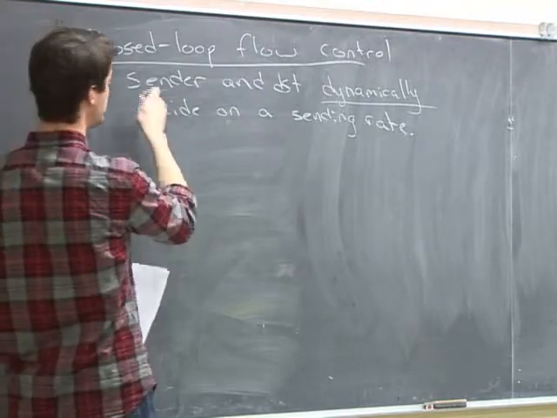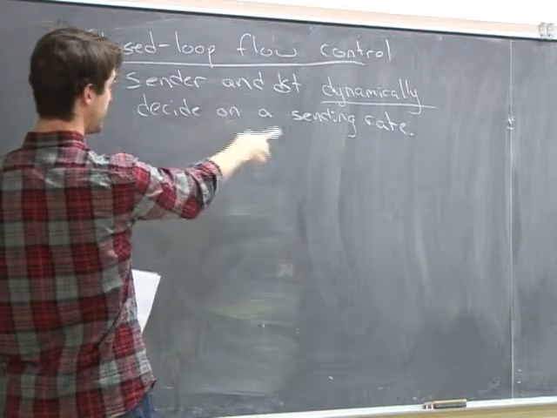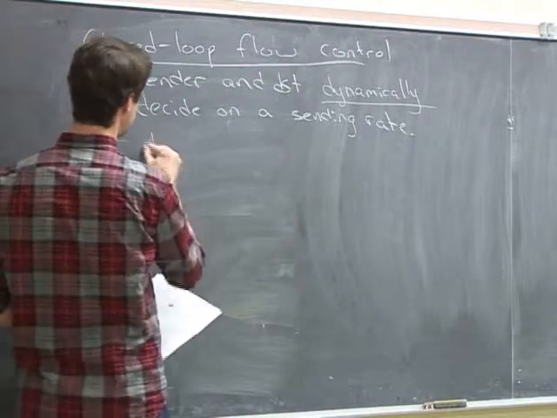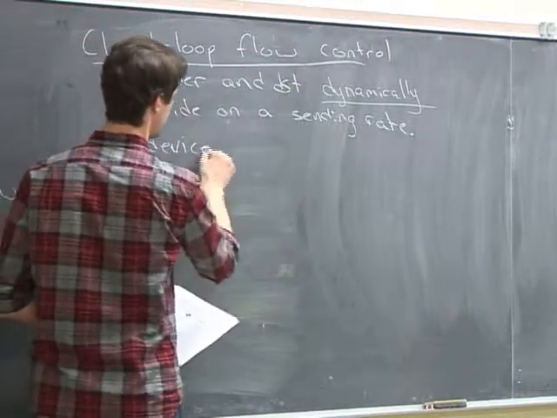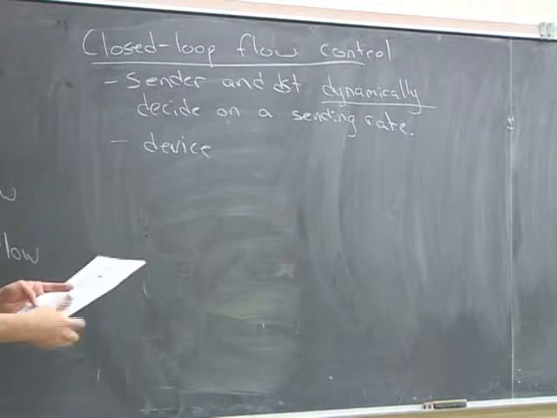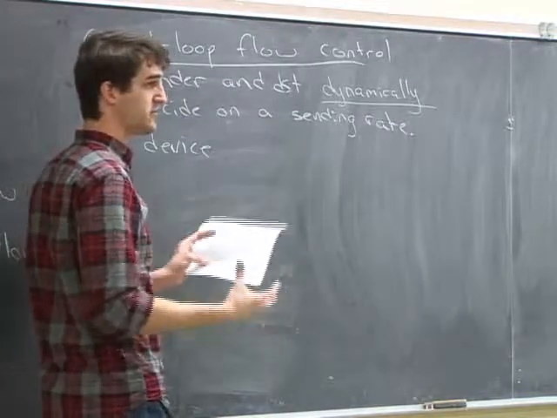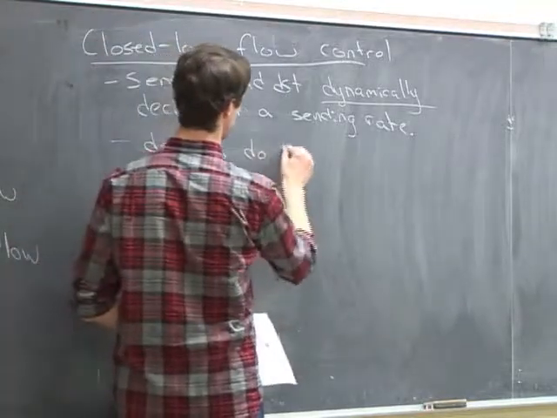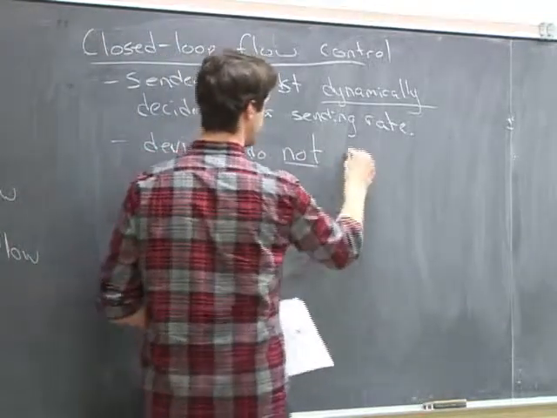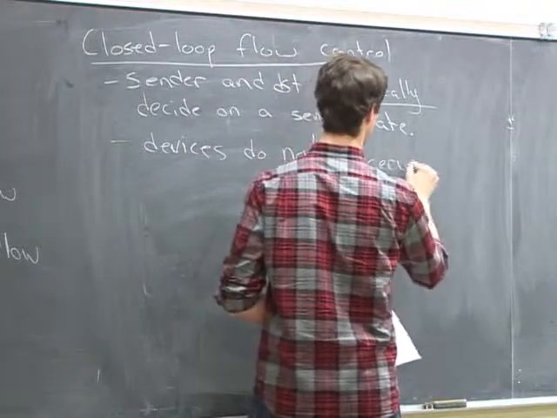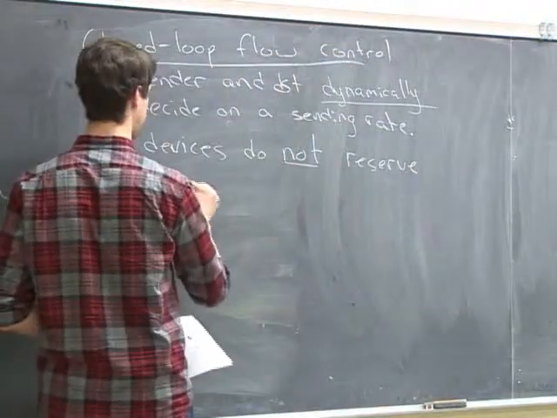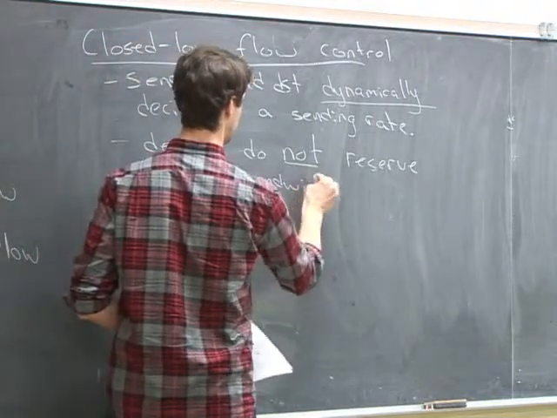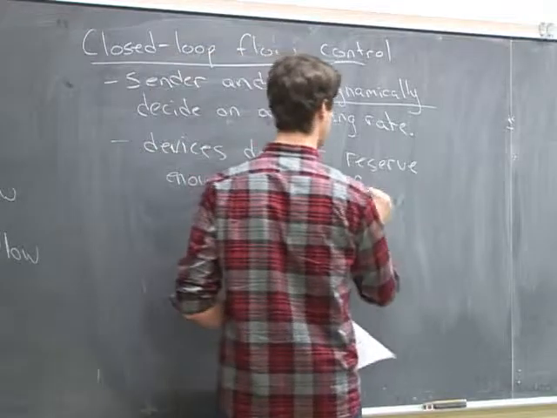But here we do this flow control dynamically. And it's done dynamically because the devices do not actually have enough bandwidth or enough resources to support transmission of everyone at their full rate, okay? So the devices do not reserve enough bandwidth for communication.